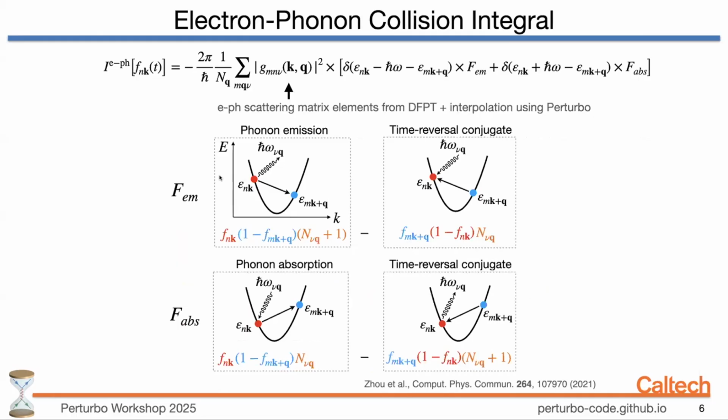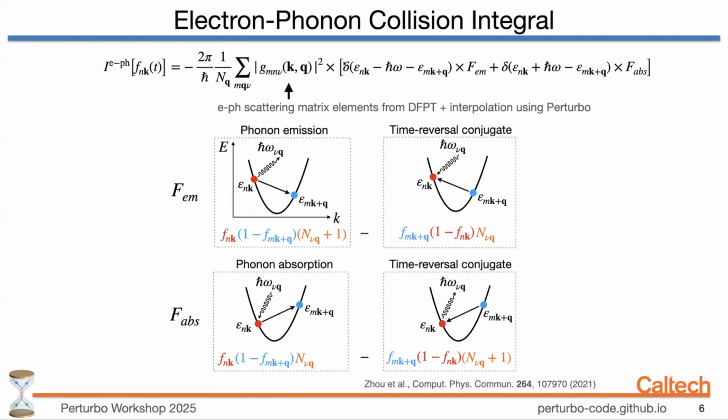So for this collision integral, which we also covered yesterday for a little bit, I just want to give a recap. It is the sum over the entire reciprocal space of this g matrix, which is the electron-phonon scattering matrix elements in momentum space that are computed first from DFPT and then interpolated using Perturbo.